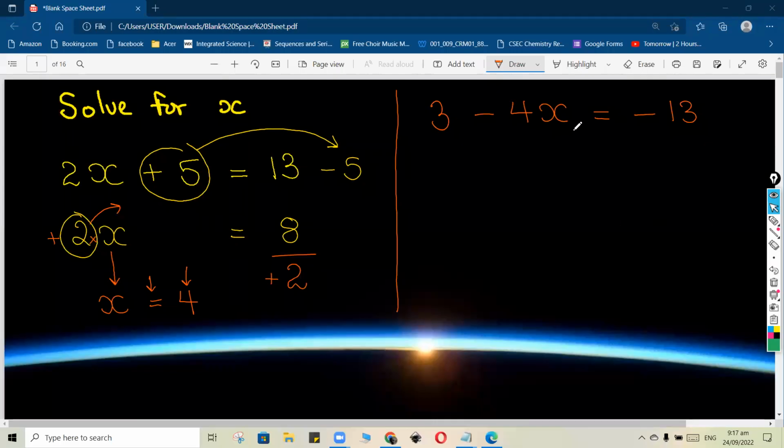All right. So the first thing we have to throw across is the person not connected to the x. That would be this 3. Now you have to ask yourself, is that 3 positive or is that 3 negative? Well, if you look to the left and you do not see a sign, then you have to assume it's what?